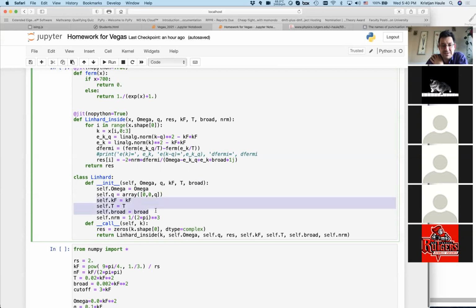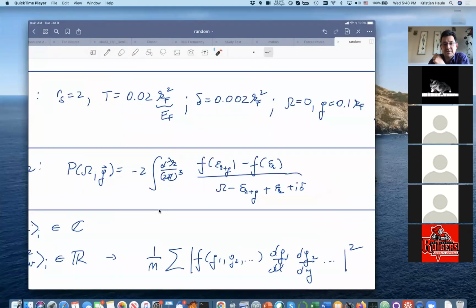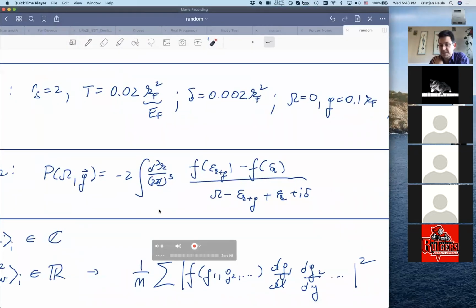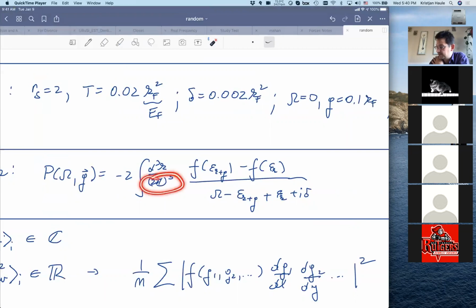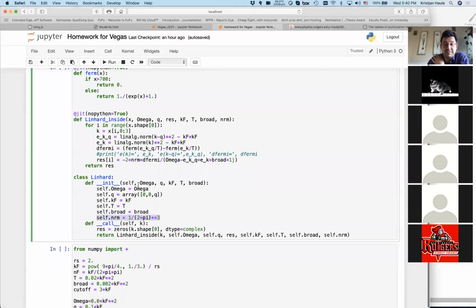The rest is basically that we remember all these input variables, and we also compute the normalization value, which is 1/(2π)⁵. We pre-compute this in order to not compute it every time. To remind you, this is the quantity that appears here. It's not important, but we can do it.